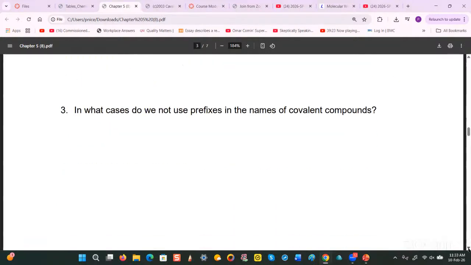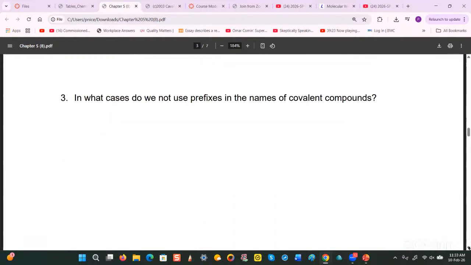Okay, now this question has to do with some exceptions to the rules that I just mentioned. This question is asking, in what cases do we not use prefixes when we're naming these compounds? I'm just going to write down the answer here and explain using examples. So there are 2 situations where you do not use prefixes.